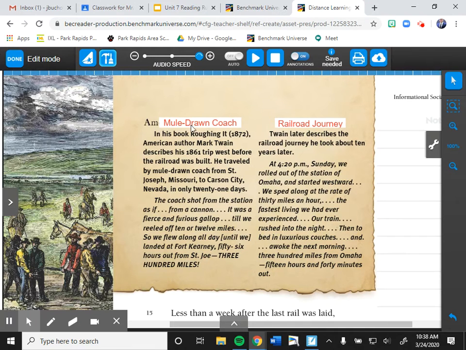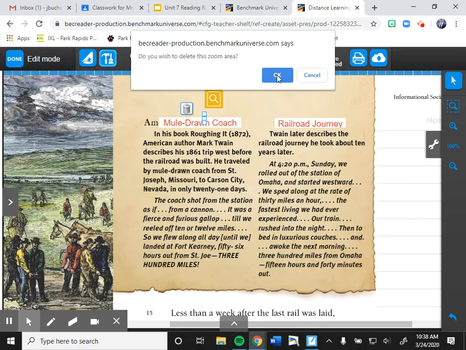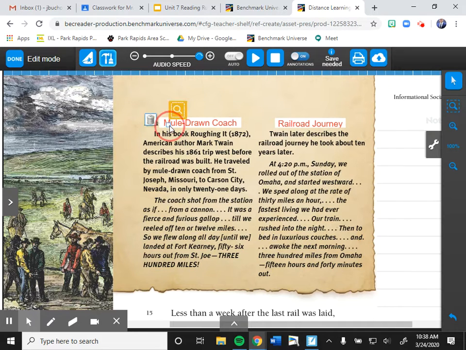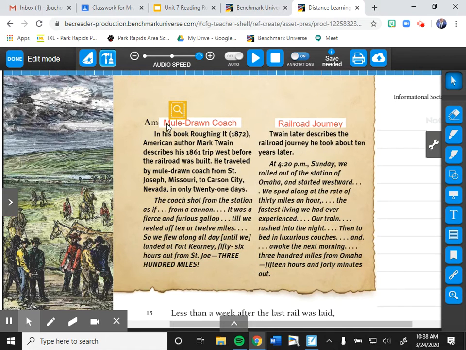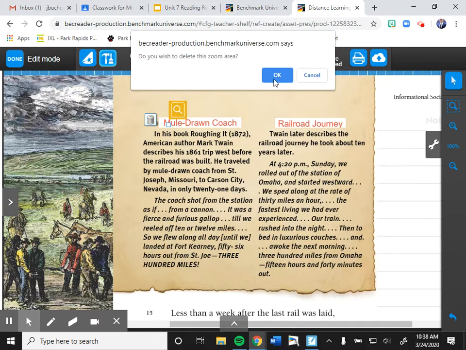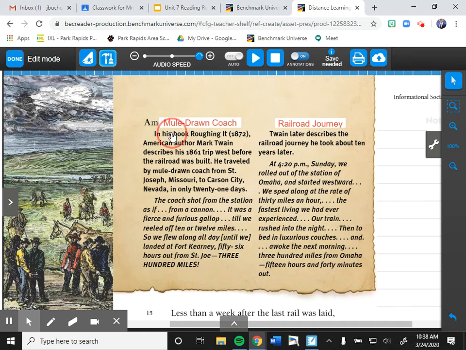I'm going to read this out loud for you. This is the American Travelogue. In his book Roughing It, 1872, American author Mark Twain describes his 1861 trip west before the railroad was built.